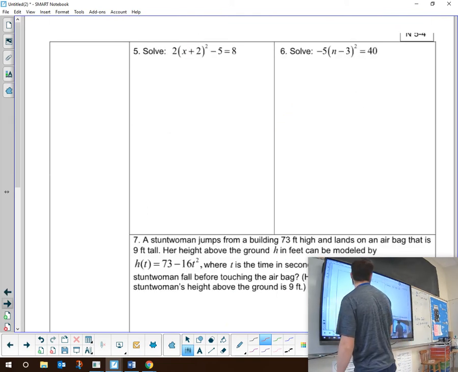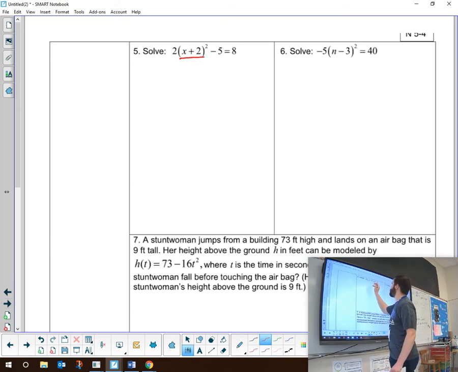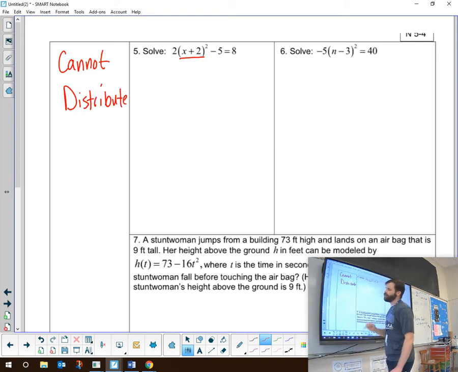So you look here, number 5 and 6. So number 5, we're going to have to solve for the thing that is being squared. And the thing that is being squared is that x plus 2. So to solve for that x plus 2, here's the big kicker. I cannot distribute into my parentheses that's being squared.